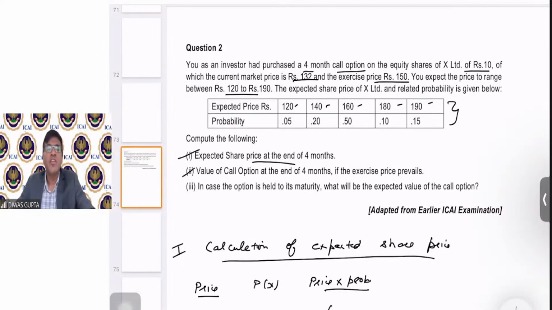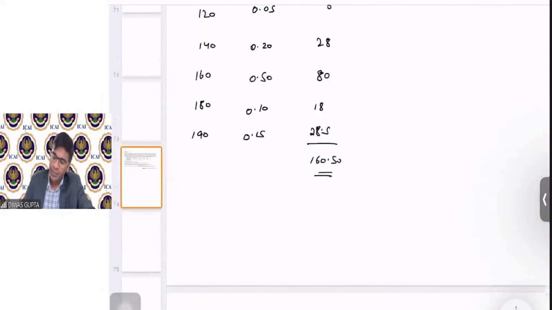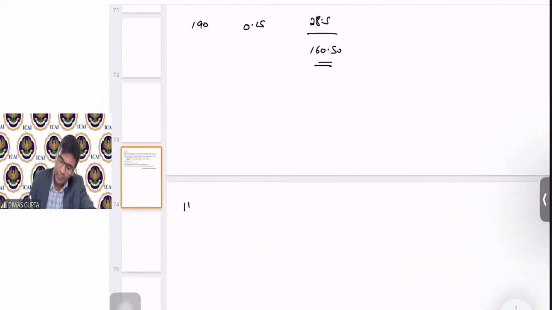Second part, value of call option at the end of 4 months if the exercise price prevails. So let's come to the second part.